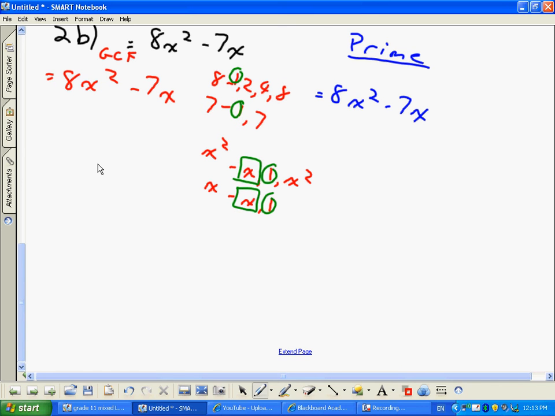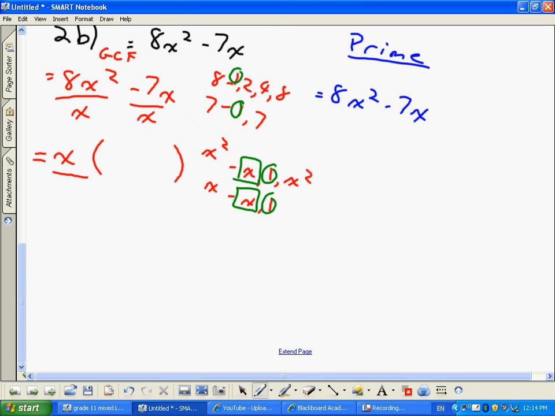So what I'm going to do here is divide this one by x and this one by x. So on my next line, I'm going to have my x outside of the brackets, and inside the brackets are what the answers would be when I divide. So what would 8x squared divided by x be? 8x.